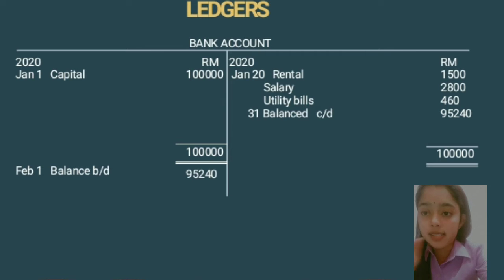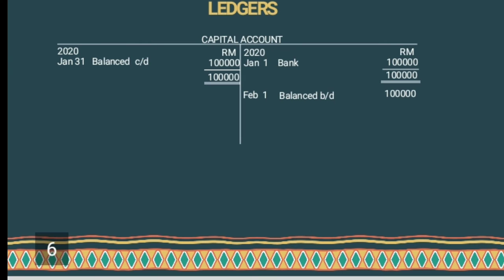On the credit side, 2020 January 1, we have to write bank for RM 100,000, and the balance BD will be on credit on February 1, 100,000 too. Next is capital account. I have to write 31 January balance CD RM 100,000 on debit side, and credit January 1 bank for RM 100,000.